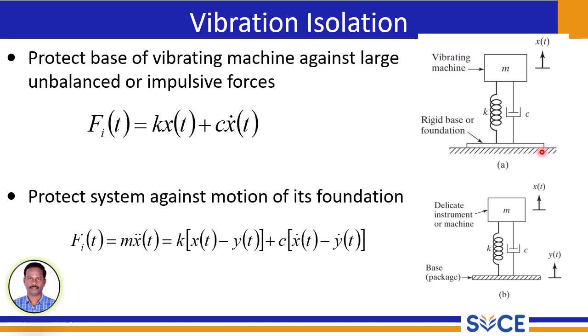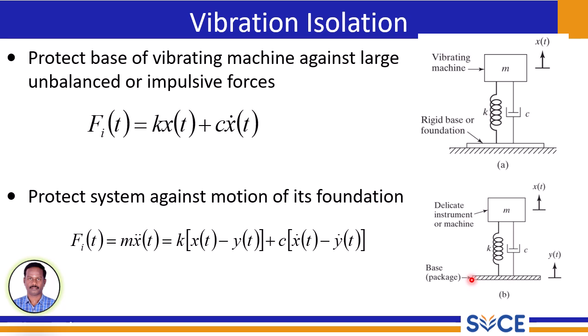The second important objective is to protect a delicate instrument or machine from the motion of its foundation itself. The situation is clearly given in diagram B. Here we have a delicate instrument or mass mounted on a base or package that experiences some external motions.